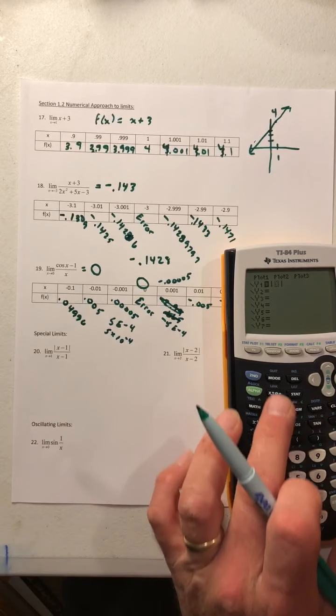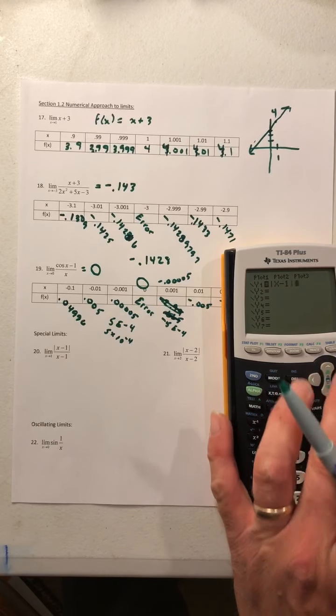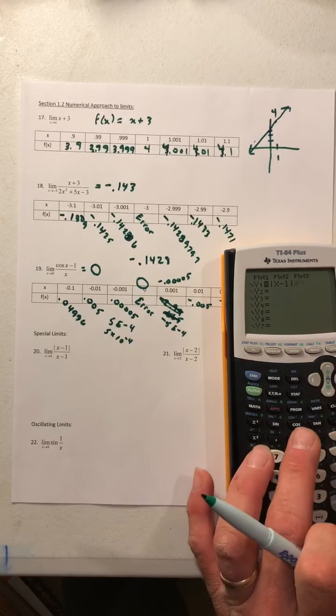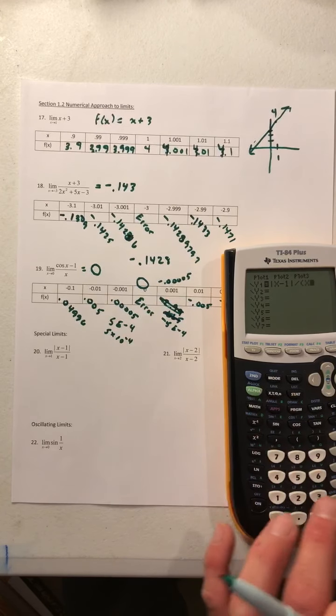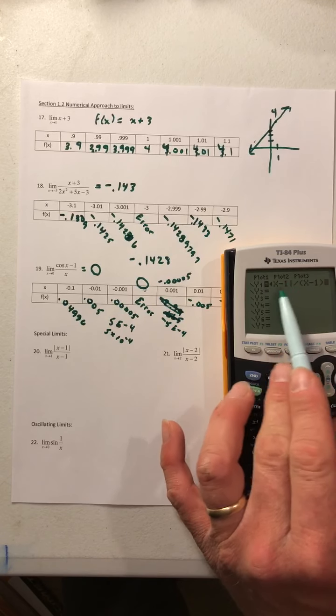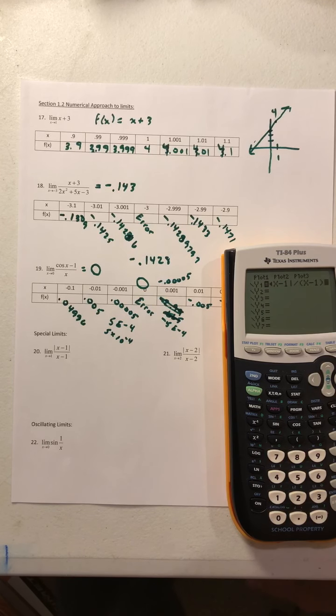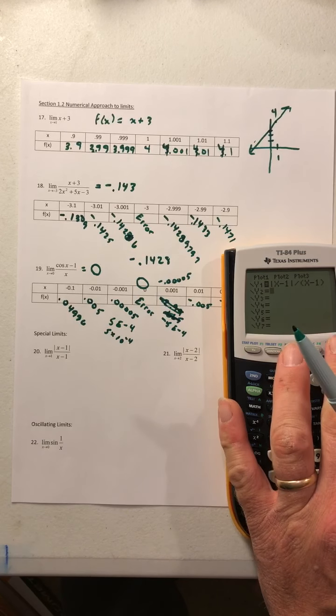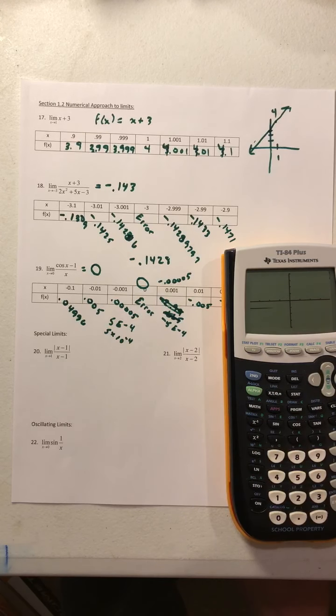So give me the absolute value of x minus 1. And I'm going to divide that by my denominator of x minus 1. Again, make sure you put your denominator in parentheses. The numerator is in absolute values, which acts like a parenthesis in this case, so we don't have to worry about putting that in parentheses. Now if I graph this, notice what happens.